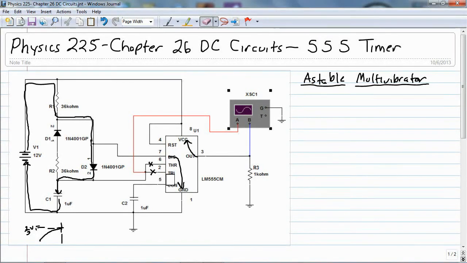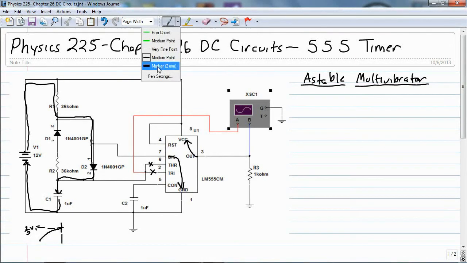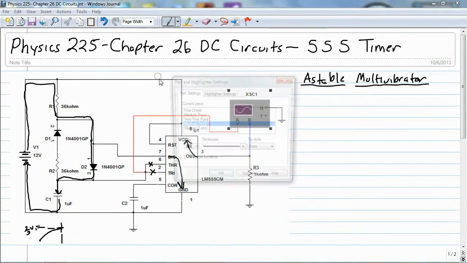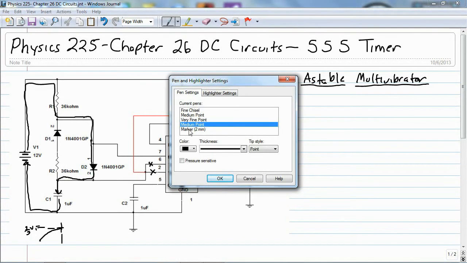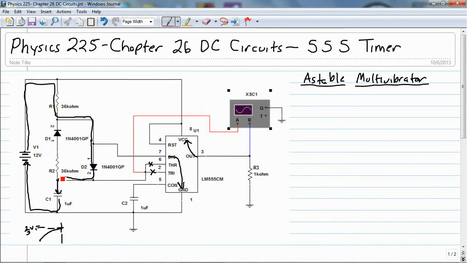And now the current is going to start to flow in the opposite direction because the capacitor is going to see the ground. So the current's going to flow.